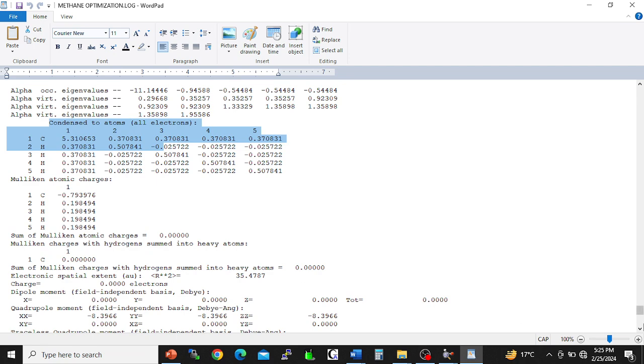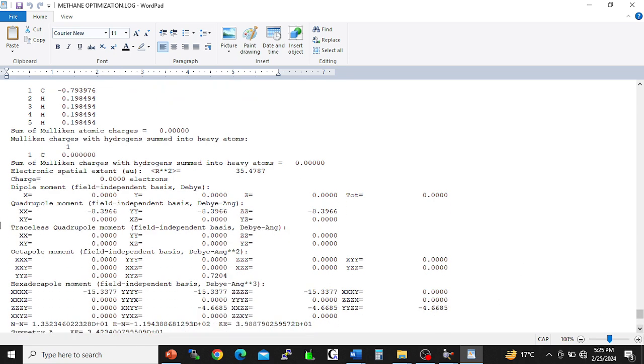And down here it prints dipole, quadrupole, then octupole, hexadecapole, all these multipole values are given here. Chemists are generally more interested in this dipole moment. And you can see in this case, the dipole moment is 0. Dipole moment along x-axis, along y-axis, and along z-axis, they're all 0, so their total should be 0.